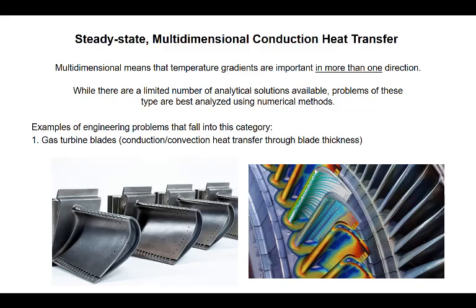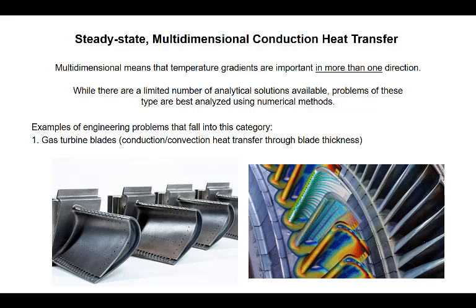One example would be the cooling of gas turbine blades. In the picture on the right, you see gas turbine blades. The blades have holes and channels. In order to protect the gas turbine blades during the operation of a gas turbine, the blades must be actively cooled, because the gases in the combustion turbine often exceed the safe operating temperature of the metallic blades.